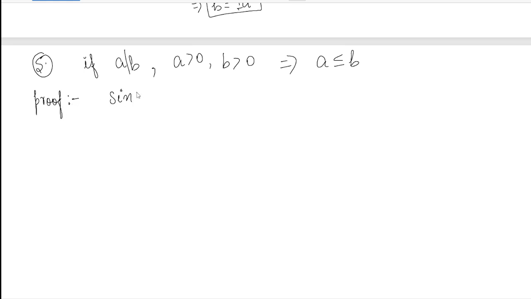Since A divides B, this implies by the definition of divisibility there exists M belongs to the set of integers such that B is equal to AM.